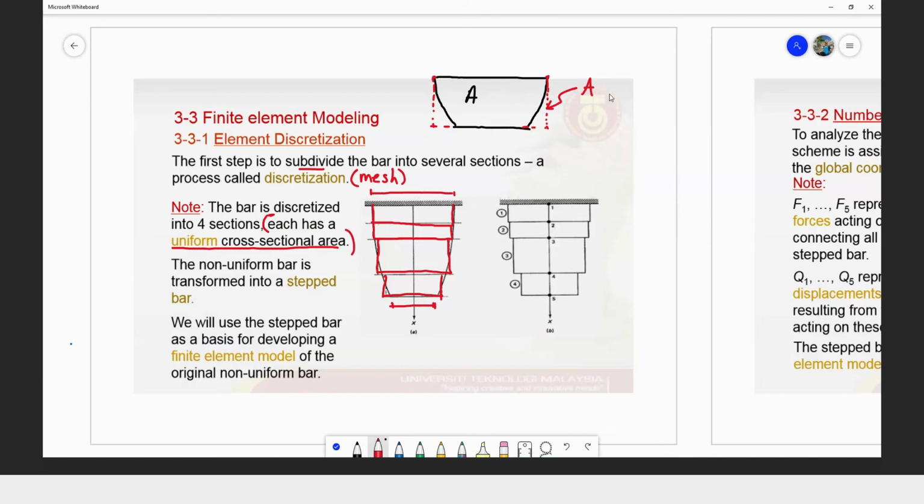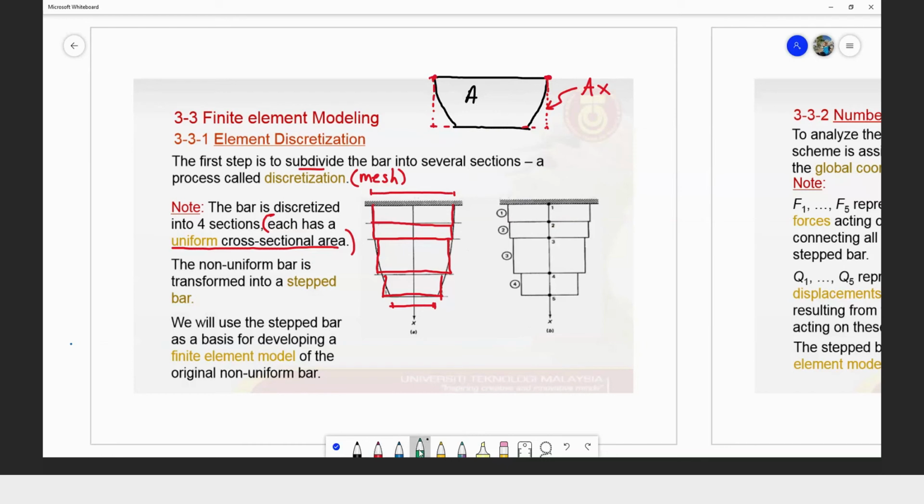So yang ni kita tak boleh pakai because it's not representing the physical one. Sebabnya size dia lagi besar. Sebab apa? Sebab kita use this reference, the 2 point as our reference to do the projections in order to get uniform cross-sectional area.